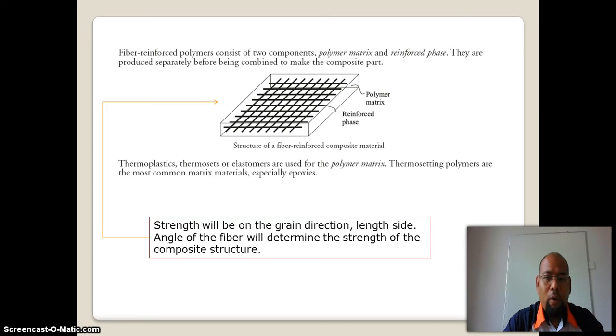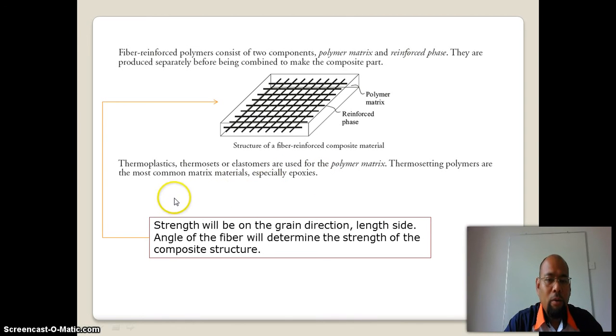For matrix, we have several types that are normally used. We have thermoplastic, thermosets, and elastomers as types of polymer matrix. Thermosetting polymers are the most common matrix material. An example is the epoxy type.